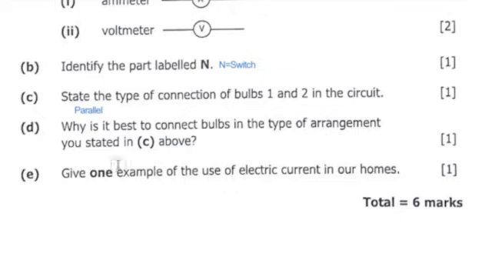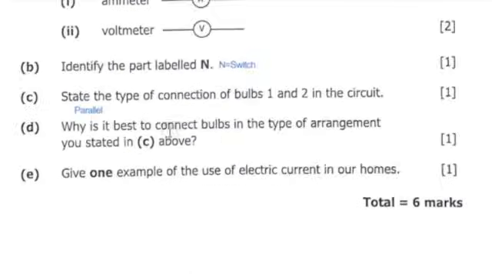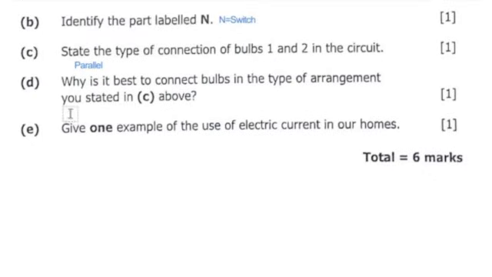One, that means when you connect, each bulb is going to enjoy the full voltage of the battery.